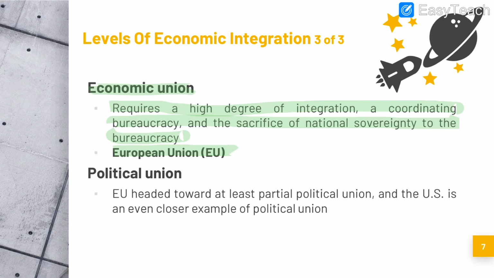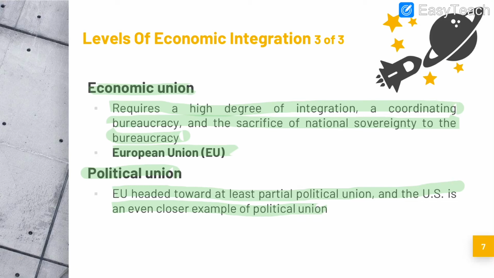Then we have the political union. The last one, the highest one. The European Union is headed toward at least a partial political union, and the US is an even closer example of political union. So this political union normally involves complete political and economic integration, either voluntary or enforced.